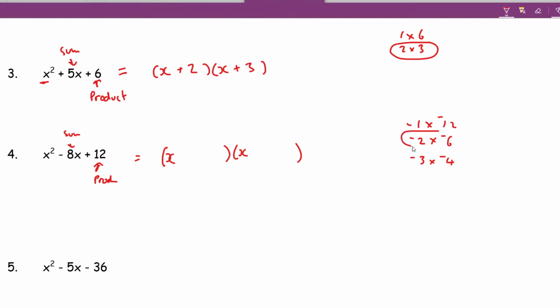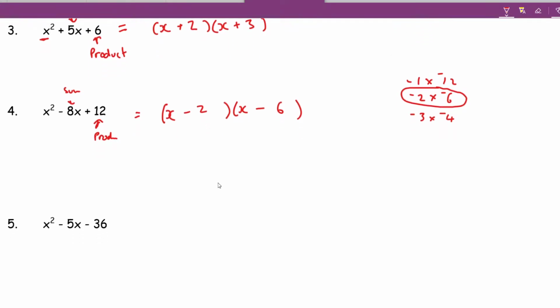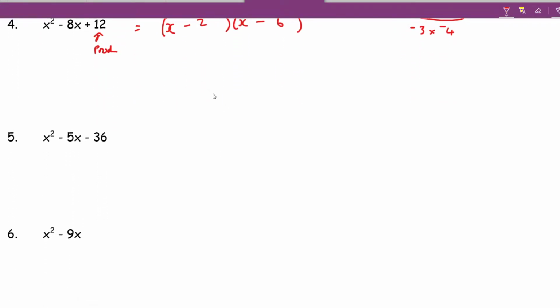Well, this is the only possibility. So it's going to be a minus 2 and a minus 6. Again, if you want to, in your head, mentally expand it out: x times x, x squared, minus 6x, minus 2x is going to give me minus 8x, and minus 2 times minus 6 is positive 12. So, happy with that. Okay, let's scroll down, expanding this.